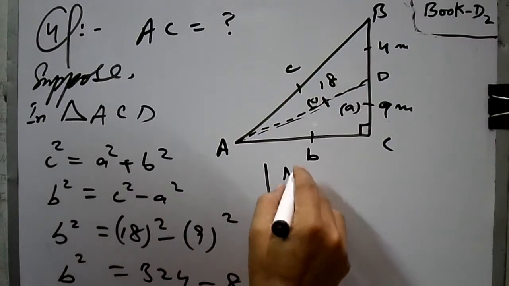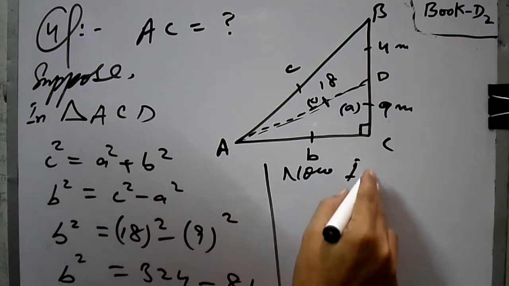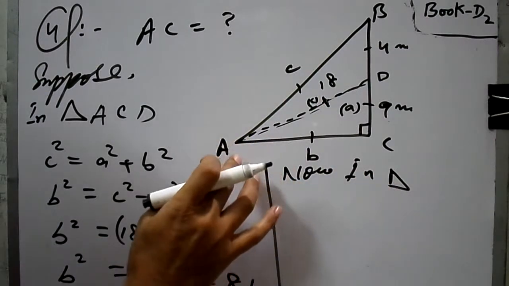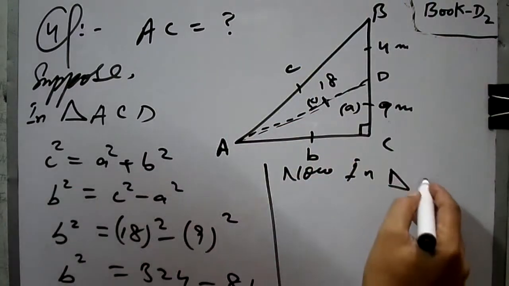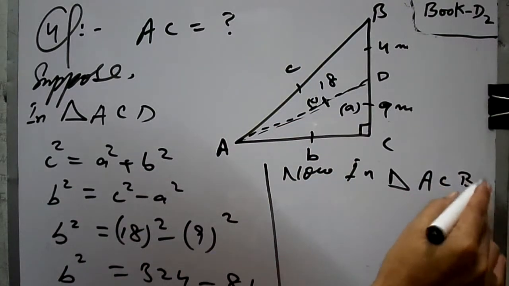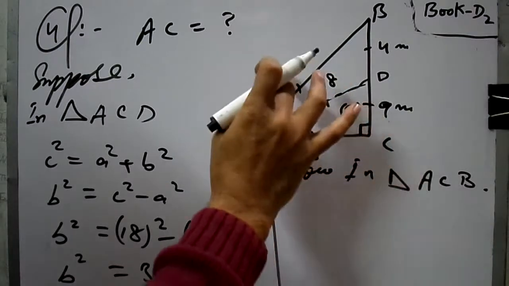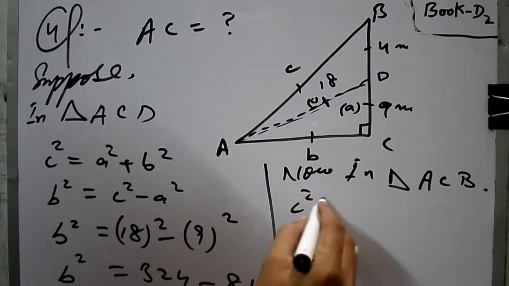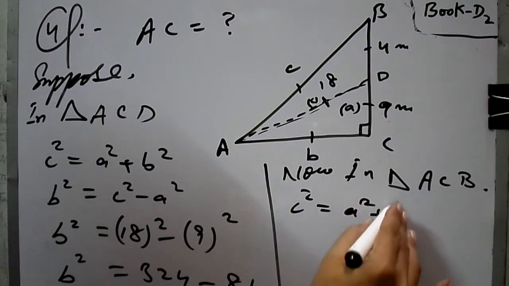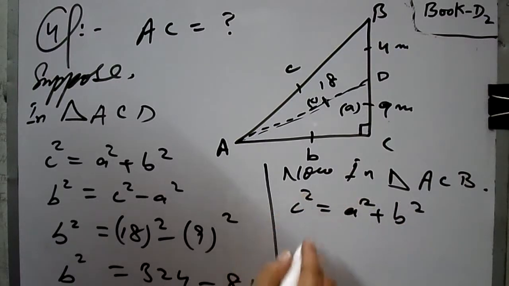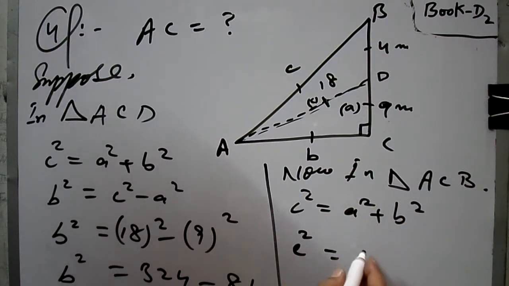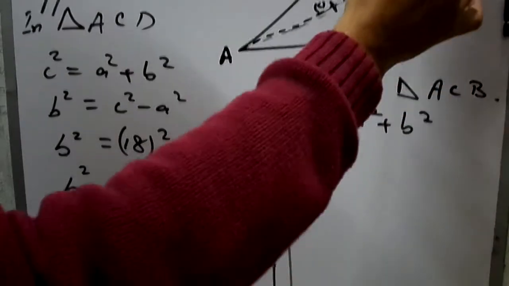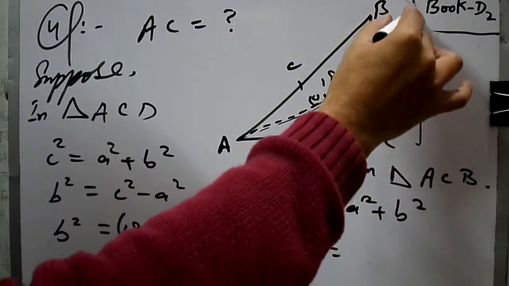Now in triangle ACB, you can find the value of C square is equal to A square plus B square, by applying Pythagoras theorem. Putting the values, the value of A is the full altitude up to this point.